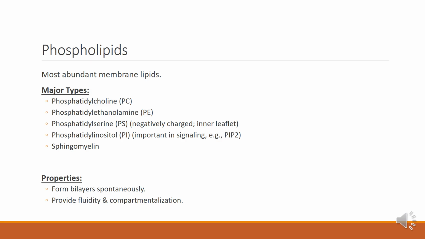Then comes phosphatidylinositol. It is involved in signaling pathways, notably as PIP2. Then comes sphingomyelin, which contributes to lipid raft formation. These molecules confer fluidity and enable compartmentalization within the membrane.